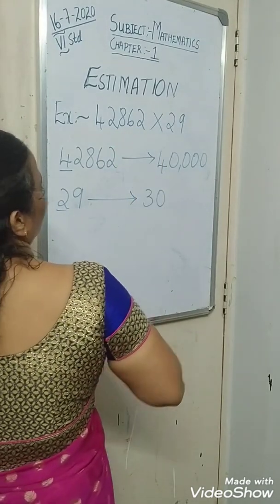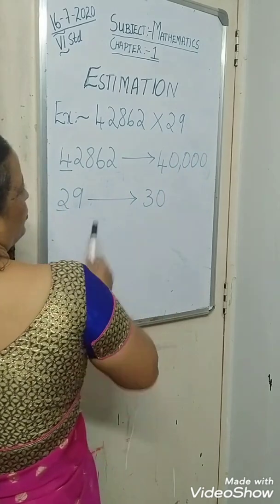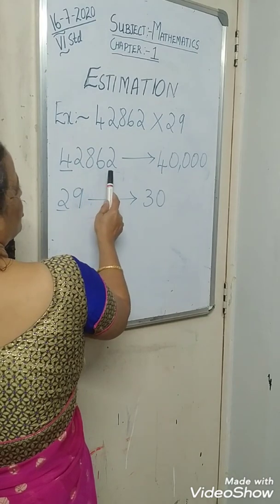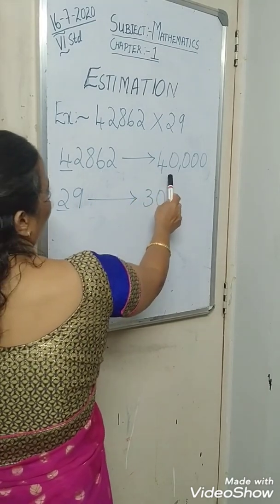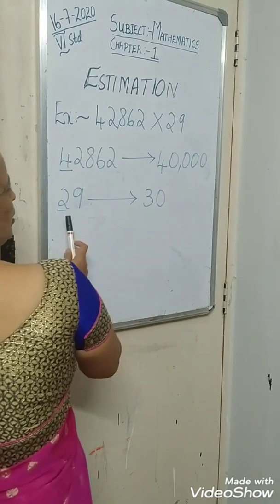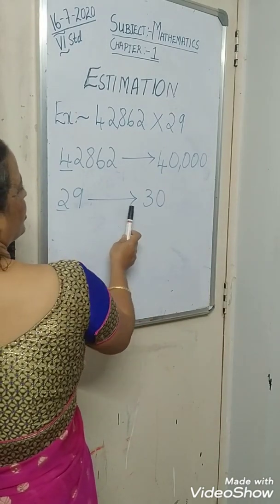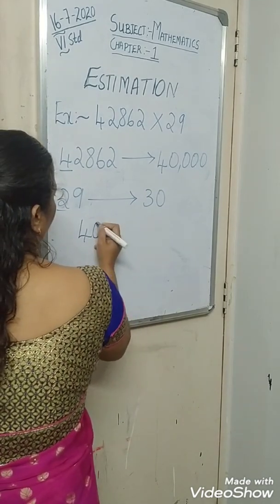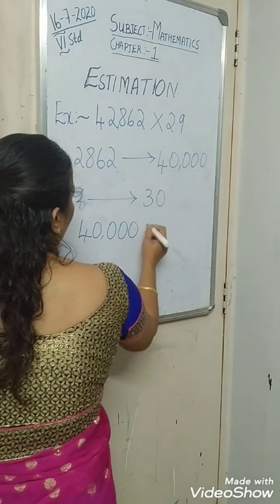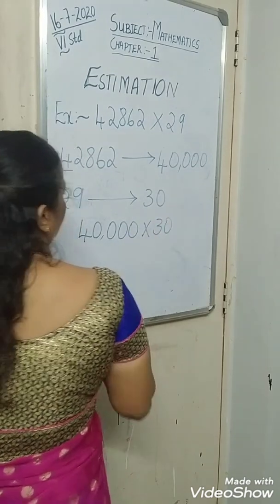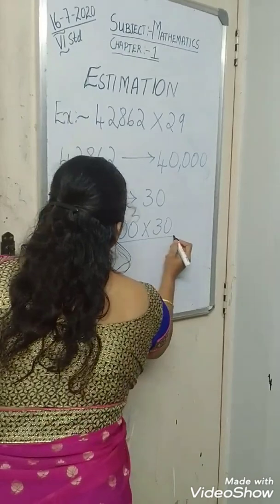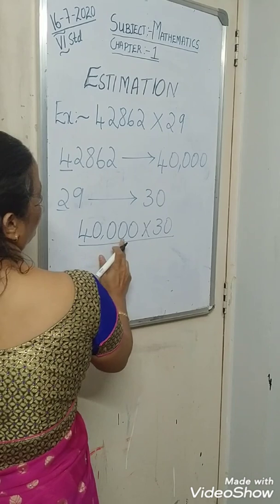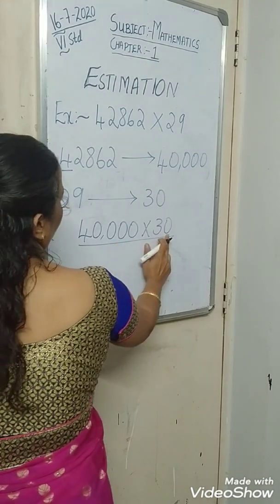Look at this example. Here, 42,862 is multiplied with 29. Before multiplying, let us estimate. 42,862 is estimated to 40,000. Similarly, 29 is estimated to 30. Now, let us multiply 40,000 into 30. The answer is, let us count the number of zeros here. 1, 2, 3, 4 and here it is 1.